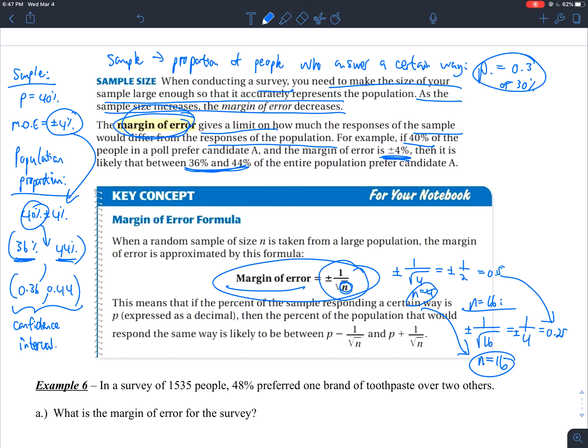And so this formula right here is basically the same as what I wrote up here for 40% plus or minus 4%. The 40% is your proportion that actually came from the sample, okay? And it says that the margin of error is 4%.